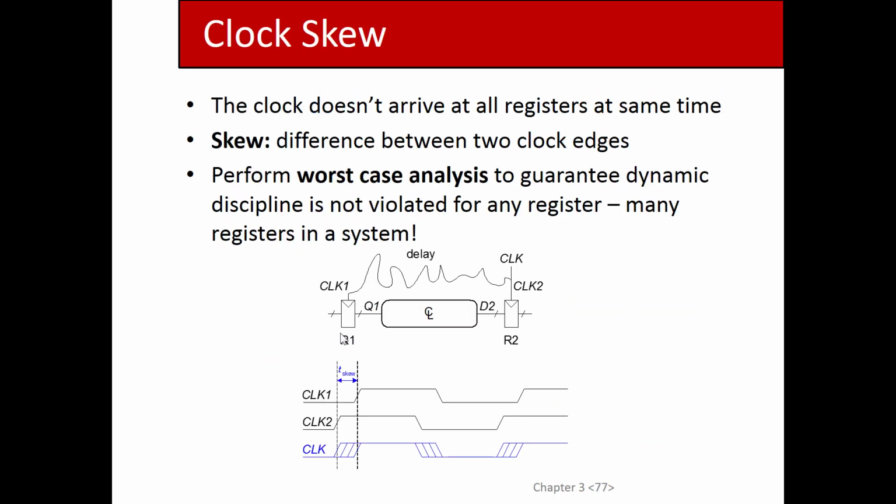Okay, but there's another added complication to all this, if that wasn't tough enough. There's also this notion of clock skew. Any chip is going to have lots and lots of flip-flops and registers all over the place, and RAMs, distributed across the whole chip, and they're all connected by a giant clock network.